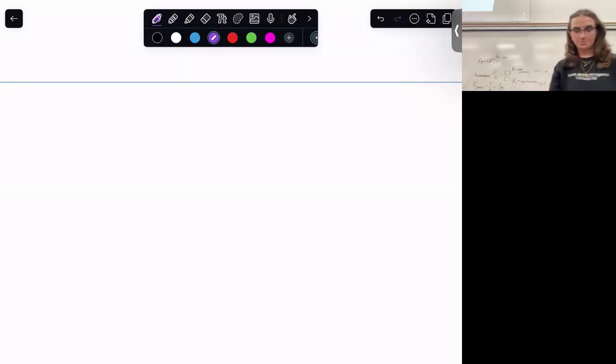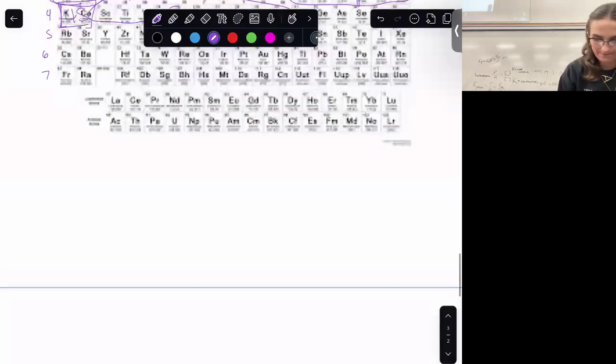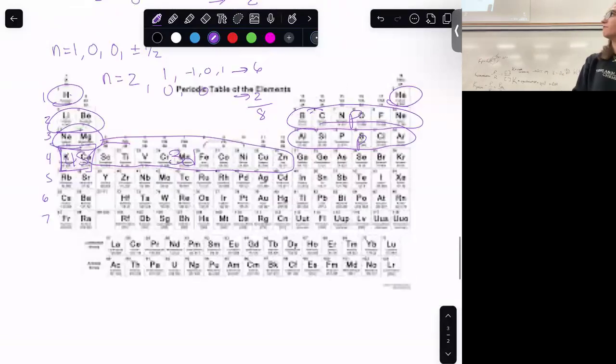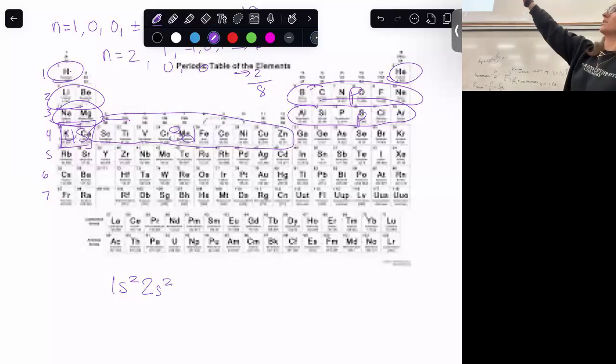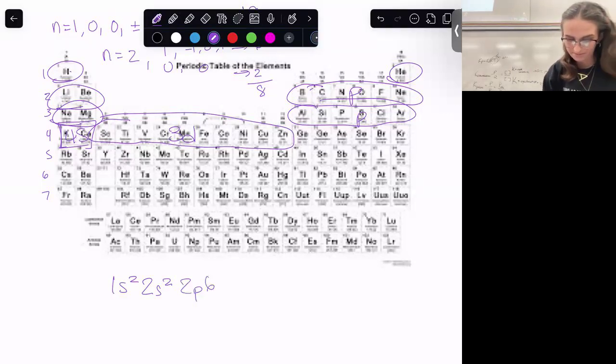Okay, so when we're looking at the periodic table, right, we said we're going to fill 1s2, right? We fill the 1s first. It can have 2 electrons. We're then going to fill the 2s2 because that's what comes next, right? That's lithium and beryllium. And then we're going to jump to the 2p, so that's 2p6.